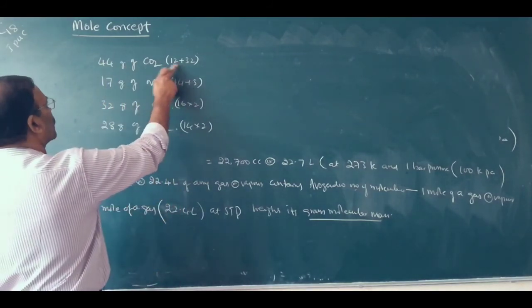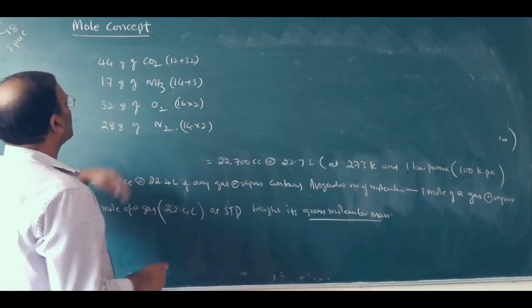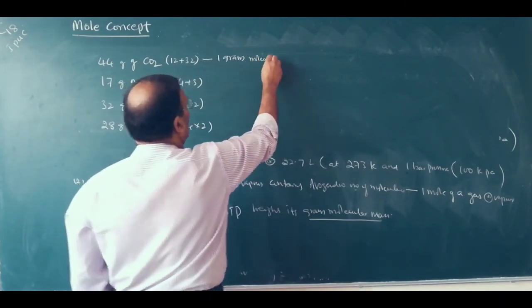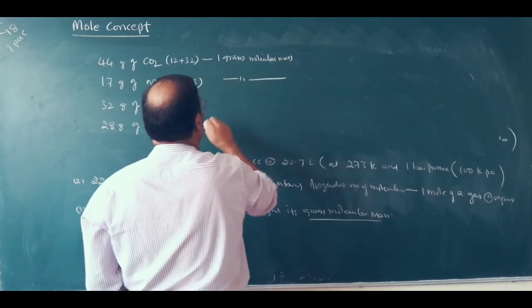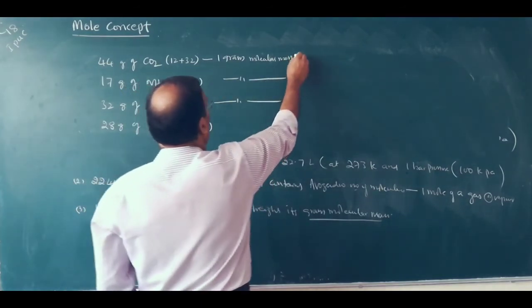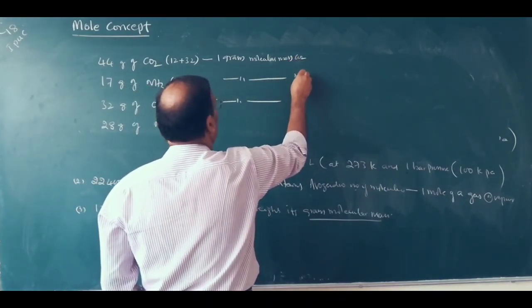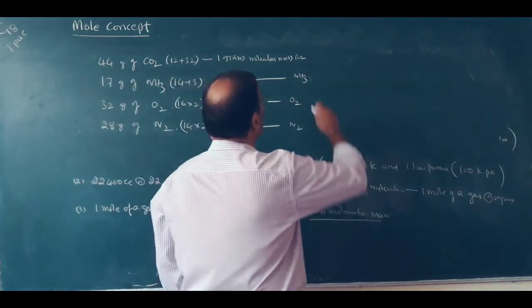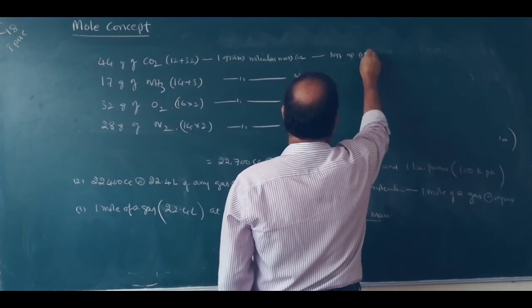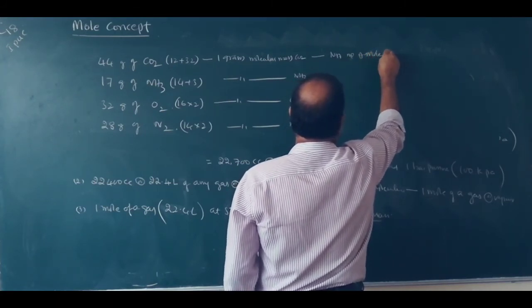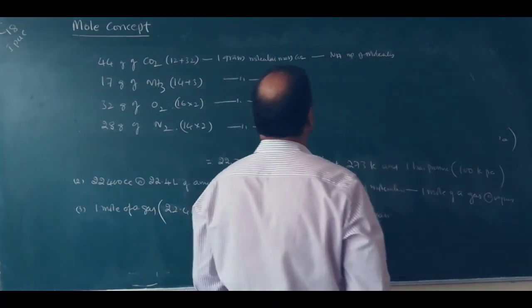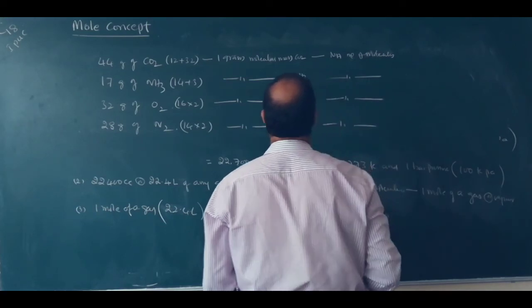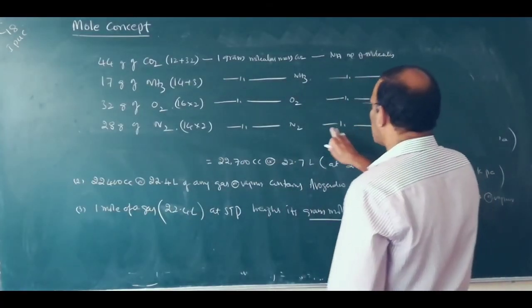So this is 44 gram of carbon dioxide. 17 gram is called what? 1 gram molecular mass. 1 gram molecular mass of carbon dioxide, of ammonia, of oxygen, of nitrogen contains Avogadro number of molecules, Avogadro number of molecules of carbon dioxide, of ammonia, of nitrogen.